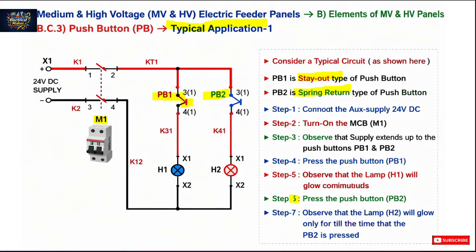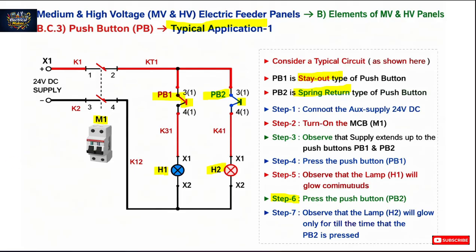Step 6 says to press the PB2 push button, and step 7 says to observe that lamp H2 glows. Whenever we press push button 1 and push button 2, only then will the H1 and H2 lamps glow. This is the use of push buttons in this circuit.